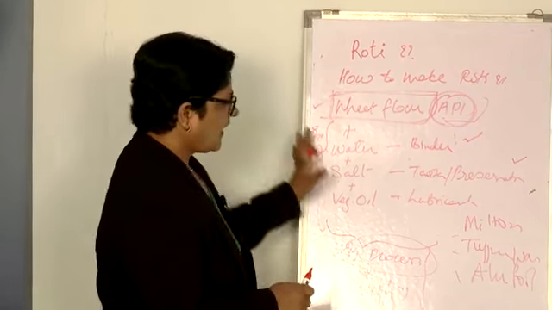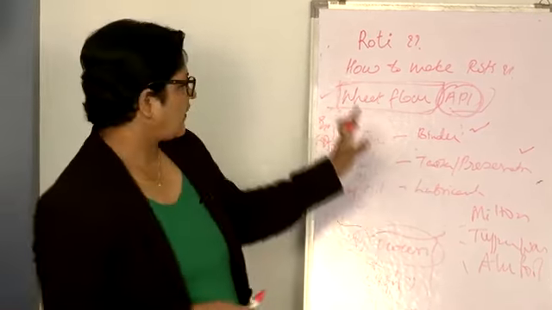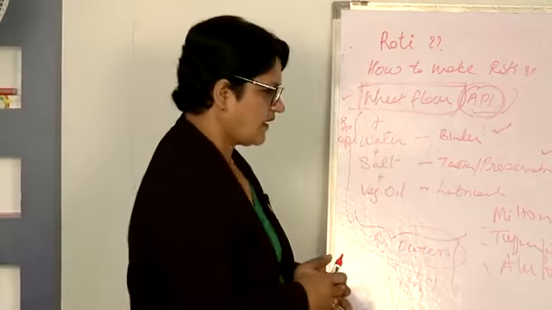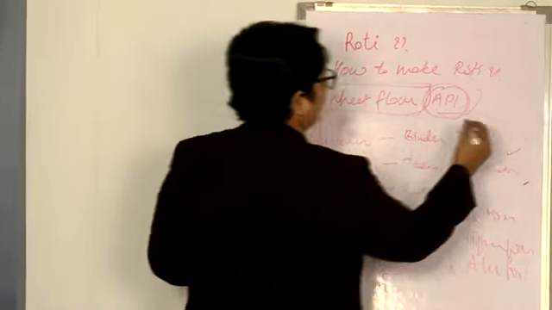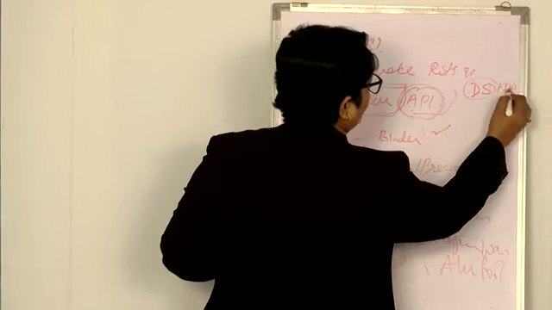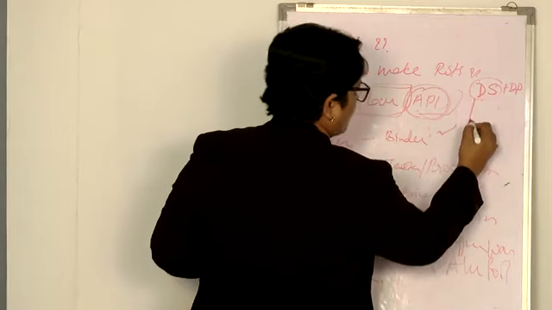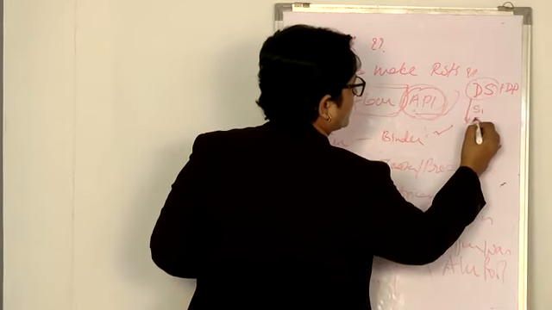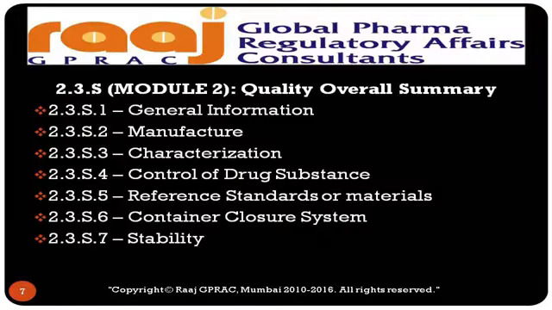Similarly, if you apply the same logic to your API, drug substance and drug product, how do we collect the data for drug substance plus drug product? The drug substance part is divided into S1, S2, S3, S4, S5, S6 and S7.